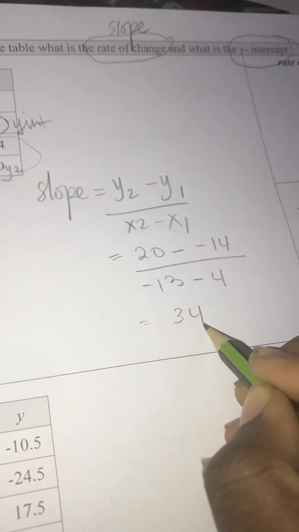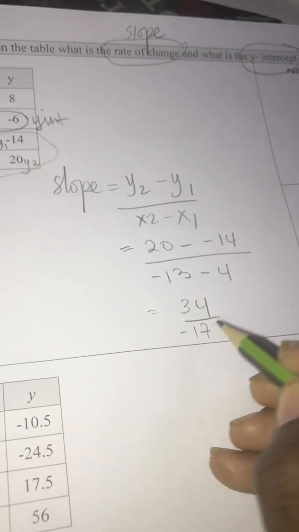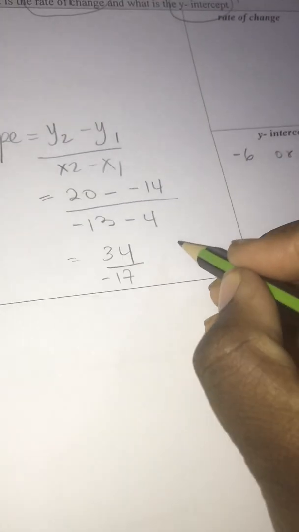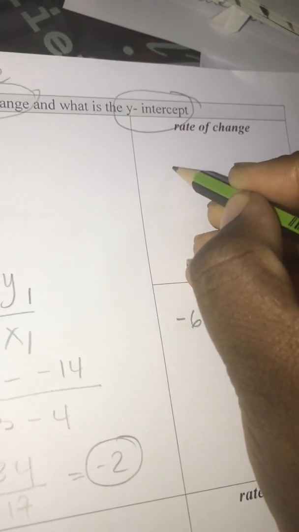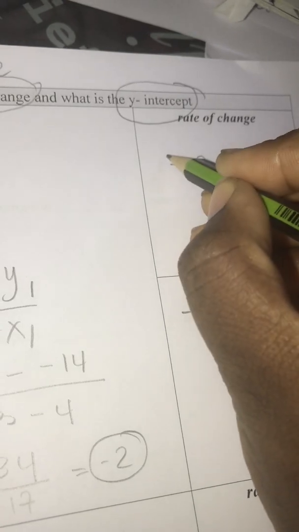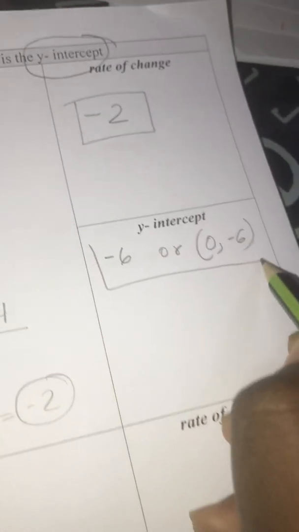This is 34 over negative 17, and this should be negative 2. So my rate of change is negative 2. That's your answer, and this is your answer here. Okay?